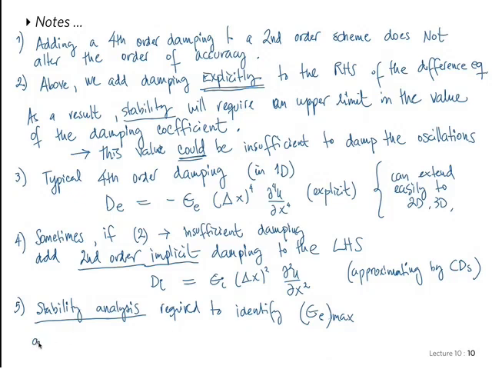And also, if you use this combination of explicit and implicit, you can get a maximum value, and also the ratio between the explicit and implicit values, so that one can obtain basically a stable scheme that has enough damping to get rid of those oscillations.